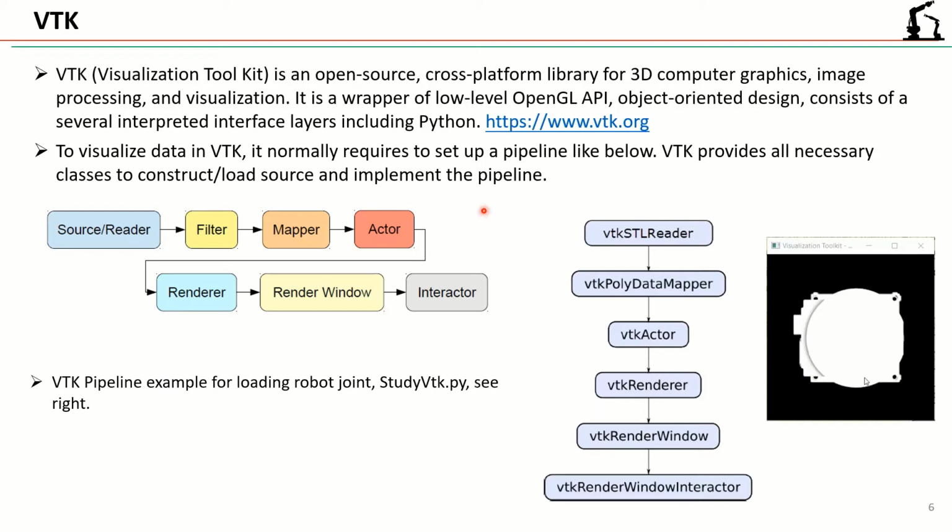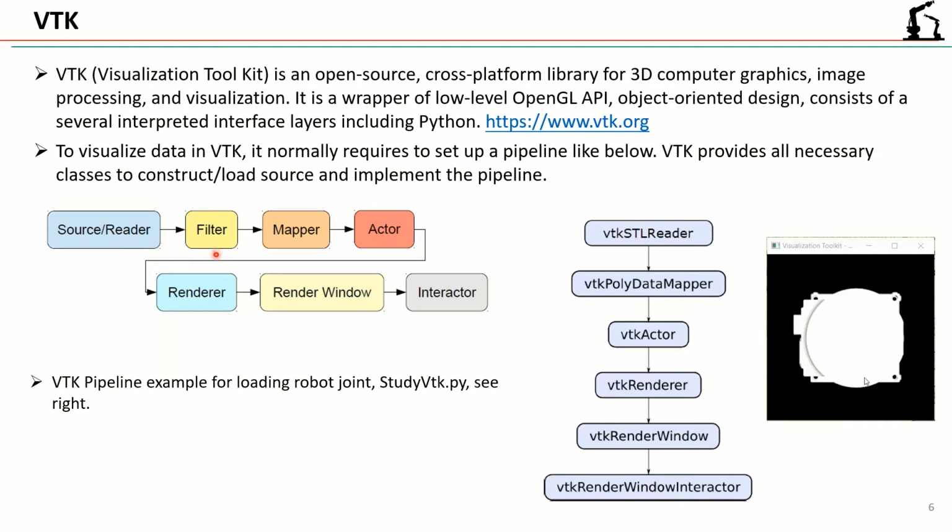The first step usually is to construct an object or read the image or models from an STL file directly. Then the filter is going to take the raw data as input, modify it in some way and output it.